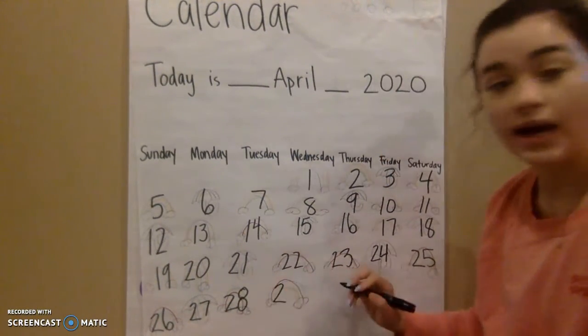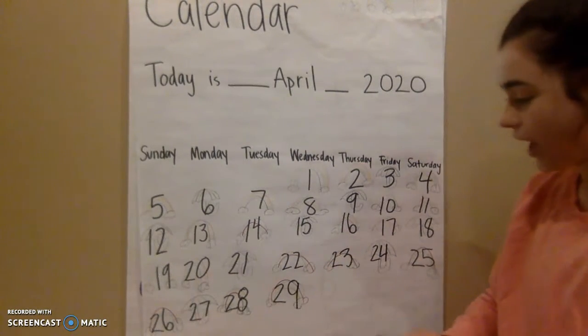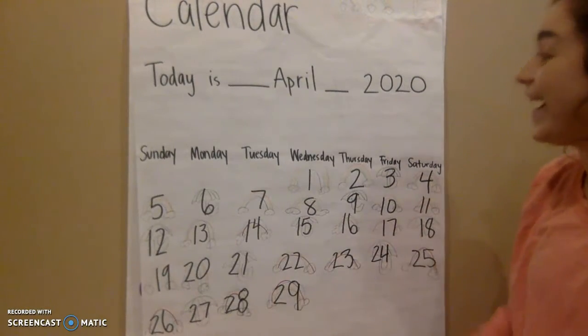The number 29 has a 2 first and then a number 9. And together they make the number 29.